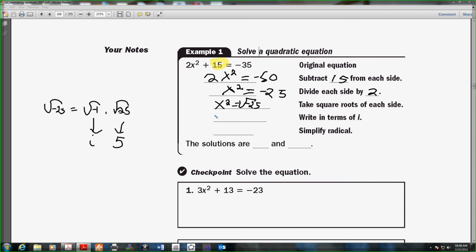So when I simplify that, x is going to be equal to plus or minus 5i. So my two solutions are 5i and negative 5i.